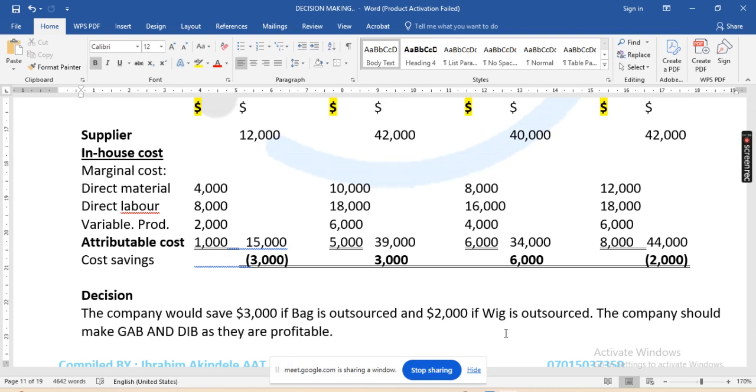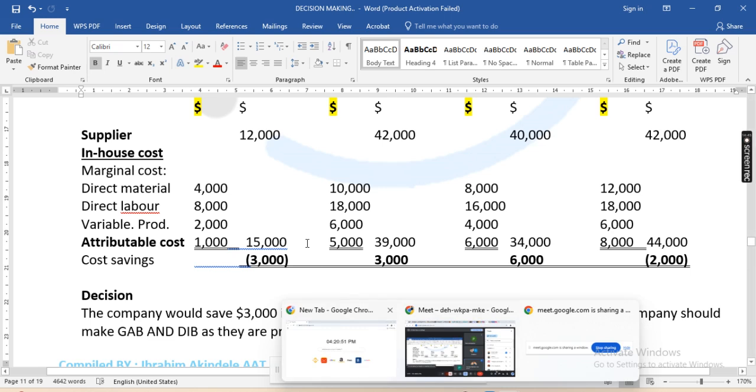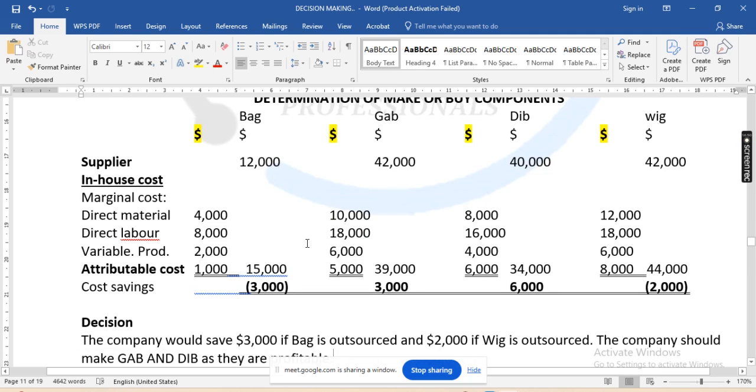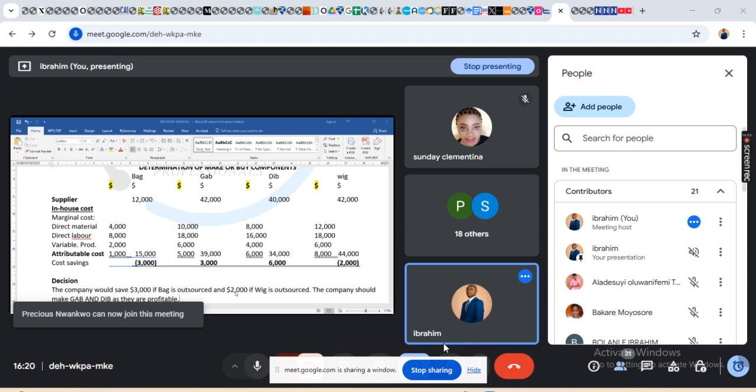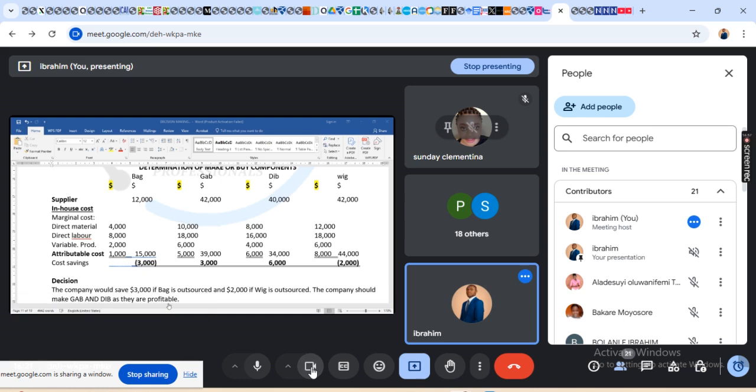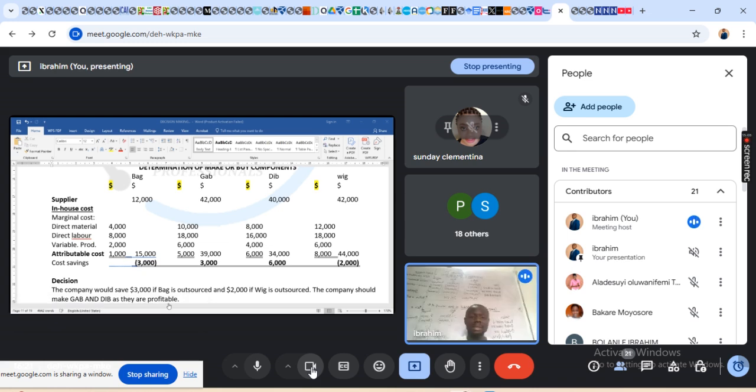So this is all about make or buy decision under the short-term decision, right? In summary, if make or buy decision comes as a decision making question, don't forget that 30% of your syllabus covers decision making.